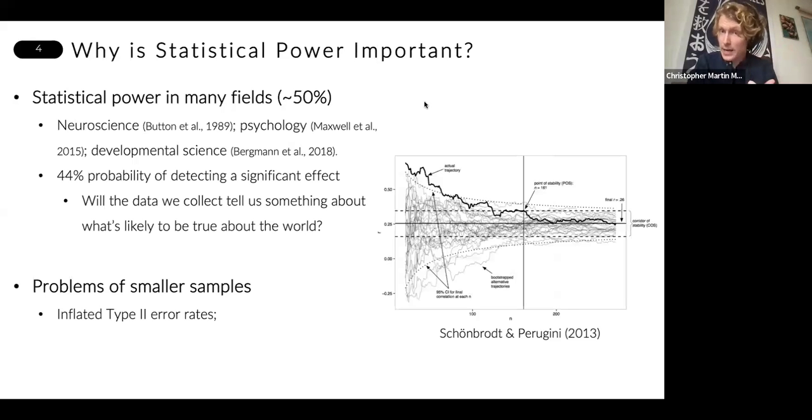And here's a great study just exemplifying this problem. So there's Schönbrodt and Perugini, where they sample a given population, and they run the statistical test every single time that they have a new participant. And they bootstrap it, which means they just sample the same distribution again and again.